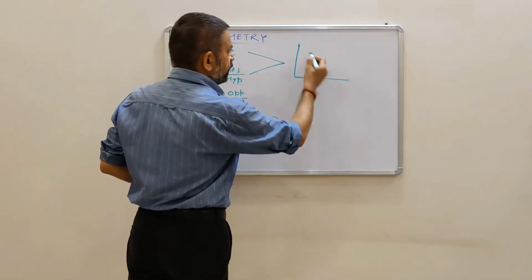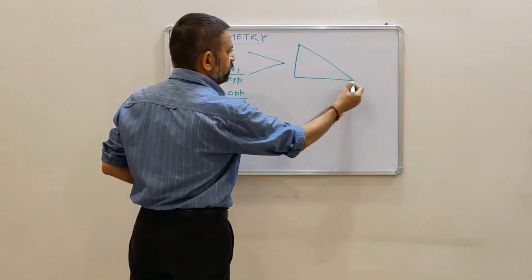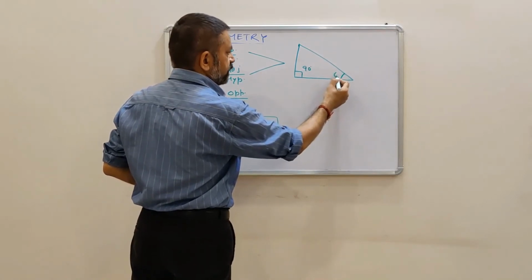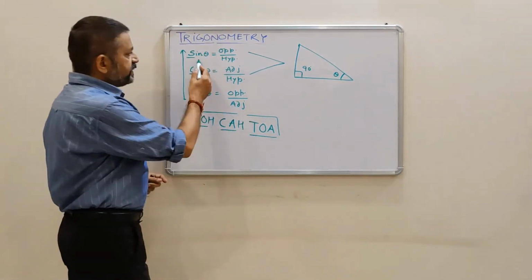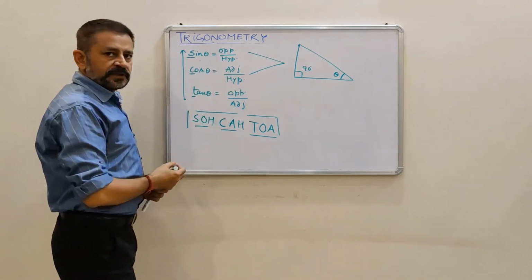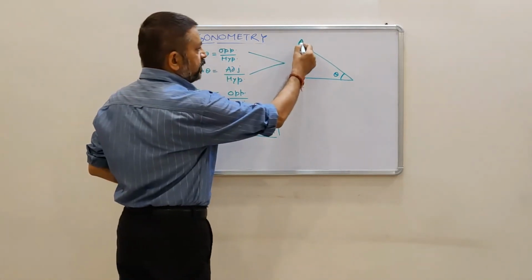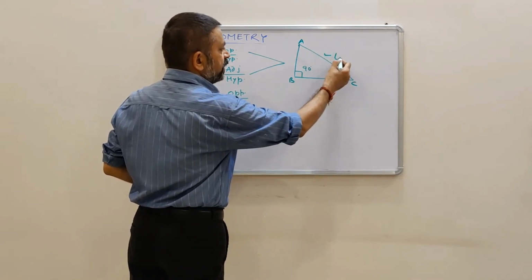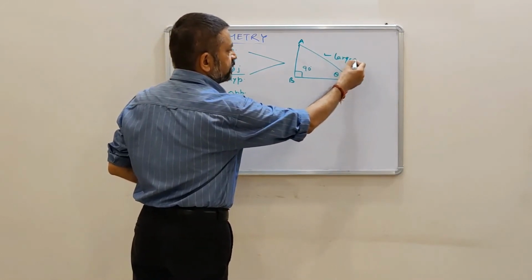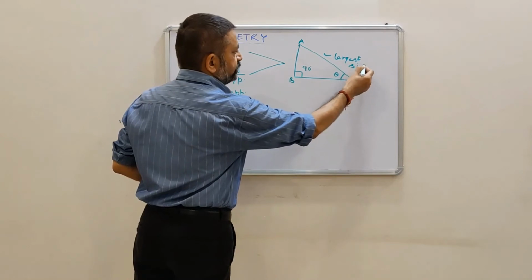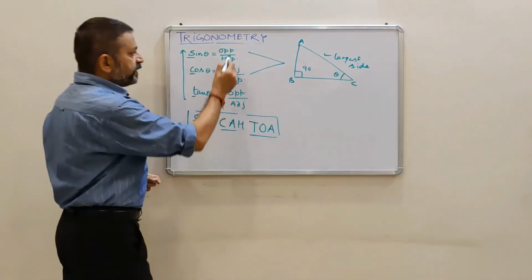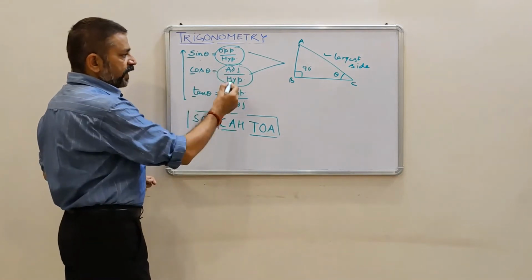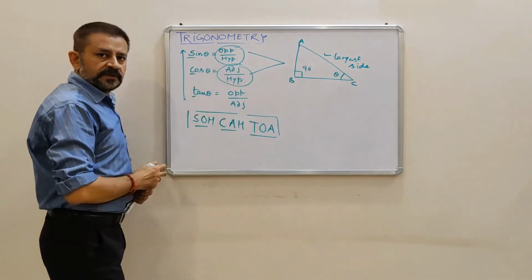I'm just drawing one right angle triangle. So this is 90. This angle is theta. Now sine theta is opposite upon hypotenuse. We all know that hypotenuse is the largest side in a right angle triangle. And if you look at these two ratios, in both we have hypotenuse in the denominator.